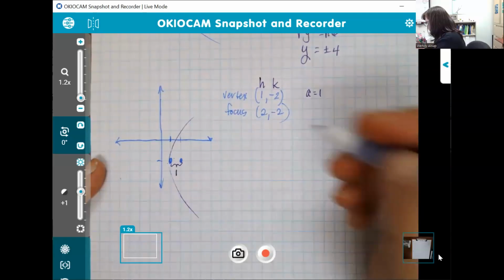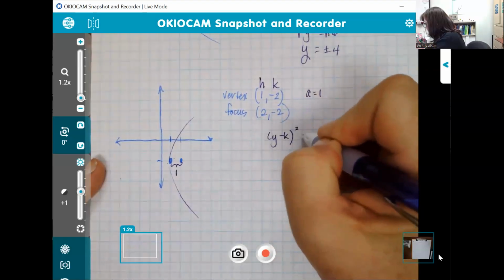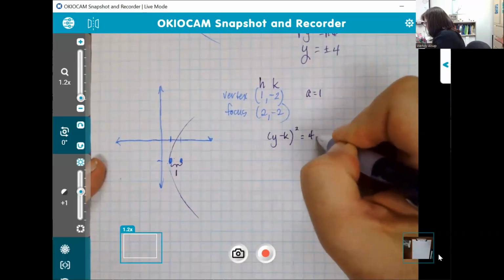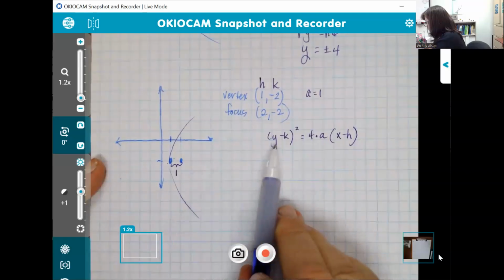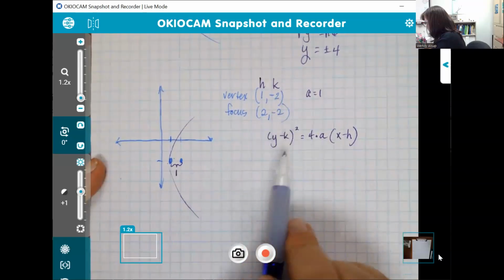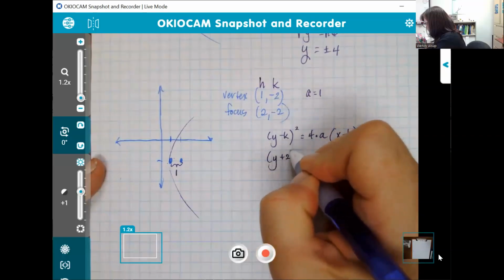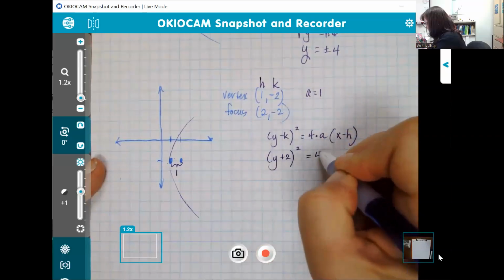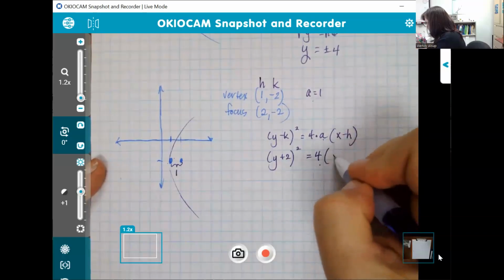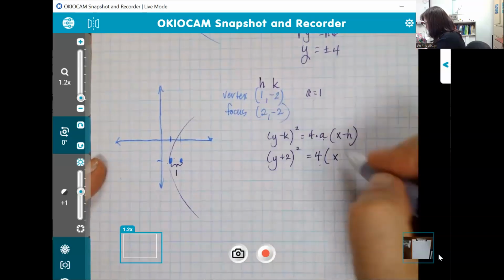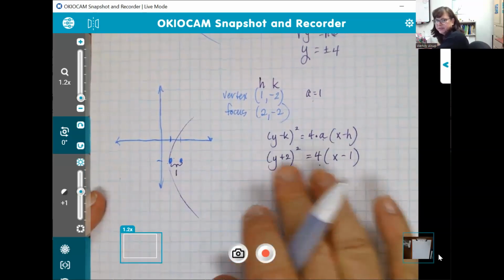So again, y minus k all squared equals 4 times a times x minus h. My k value was -2, so y plus 2 all squared equals 4. My a value is 1, so 4 times 1 is 4. x minus my h value of 1, x minus 1. So this is my equation.